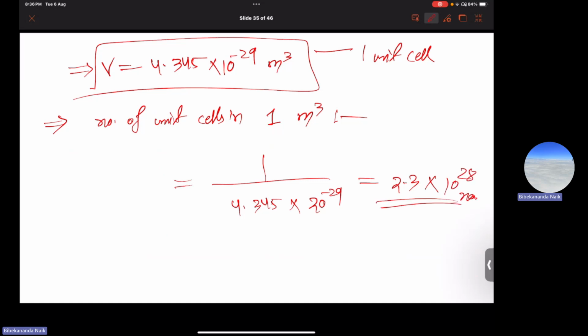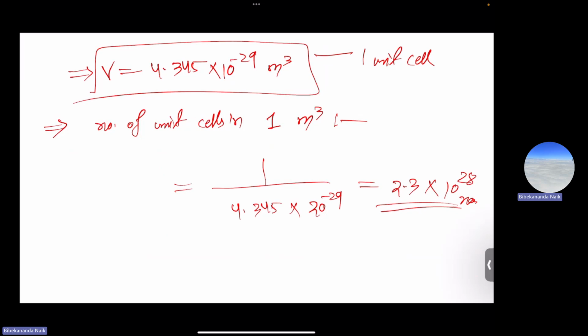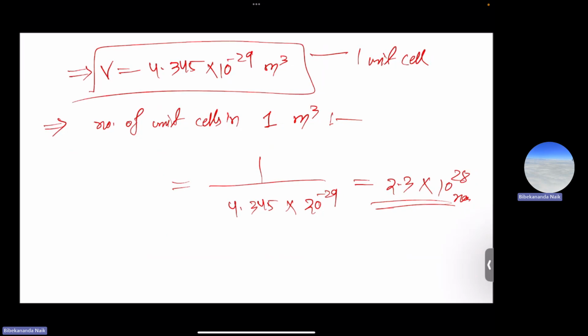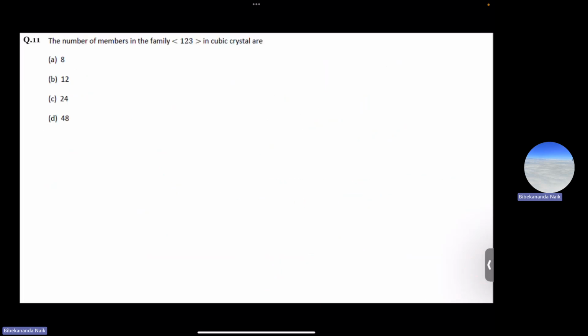So the number of unit cells in 1 meter cube is 2.3 into 10 to the power 28. So option A will be the correct option.